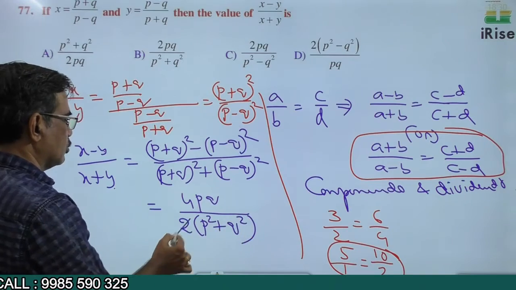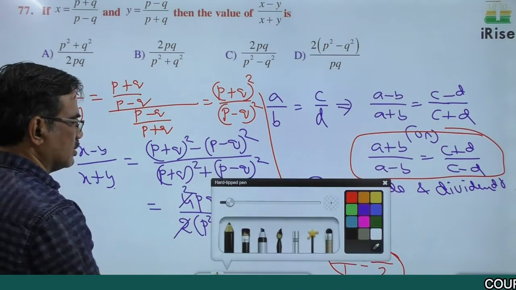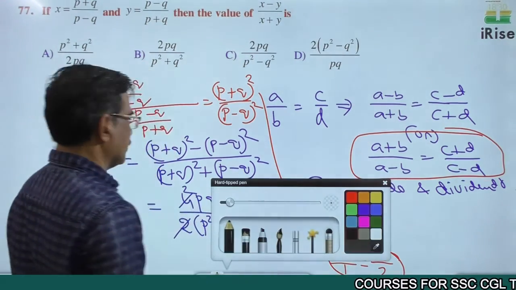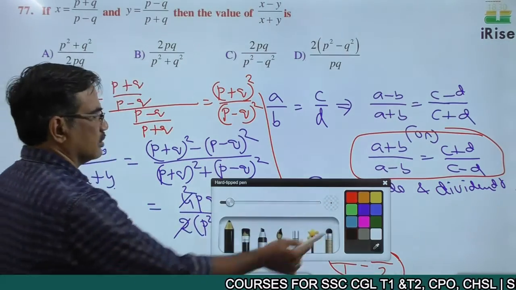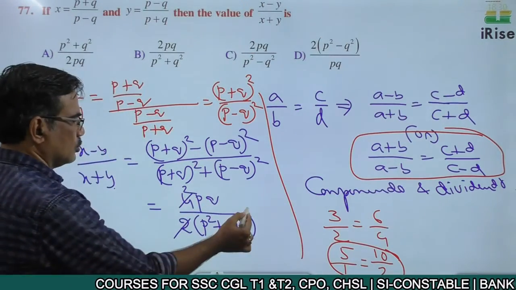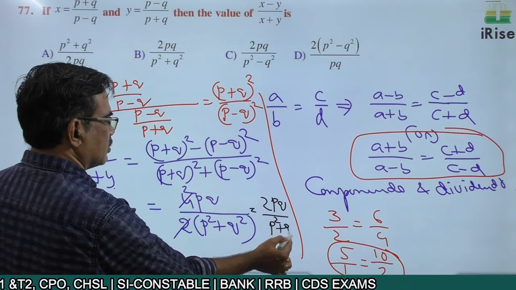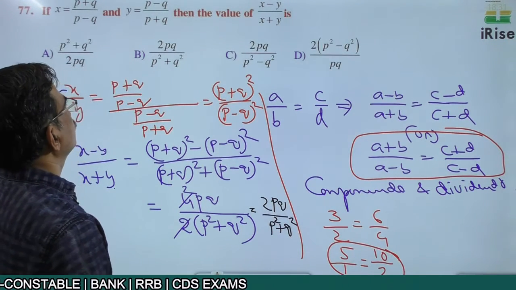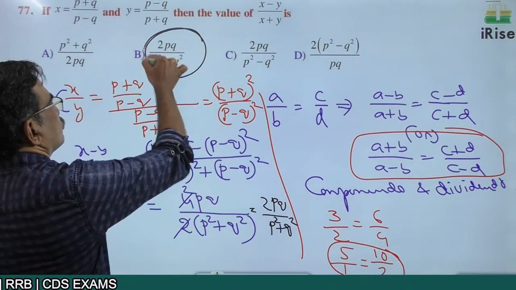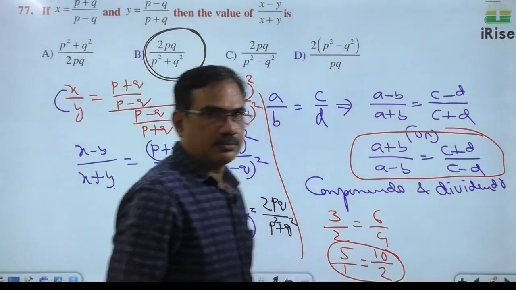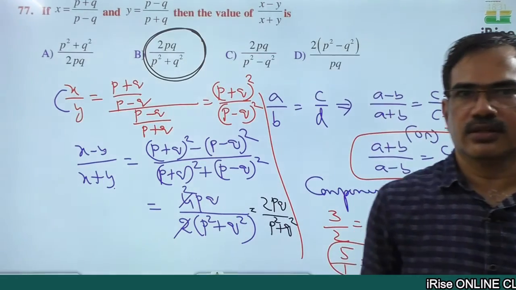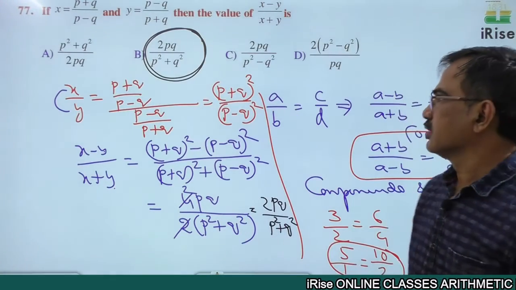Okay, see, the 2s cancel. So what is the answer for this question, please? The answer is 2pq by (p square plus q square). Okay. Next question.